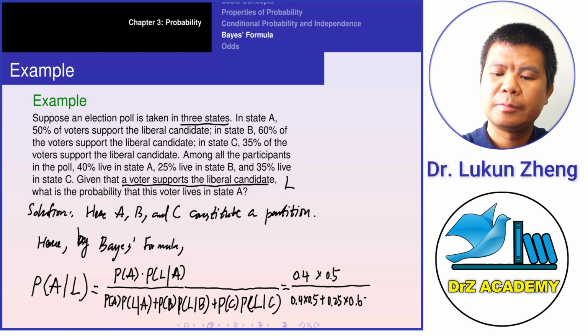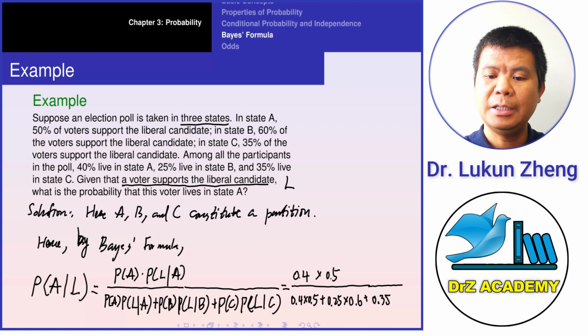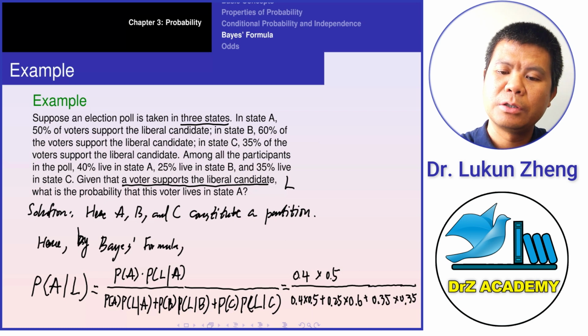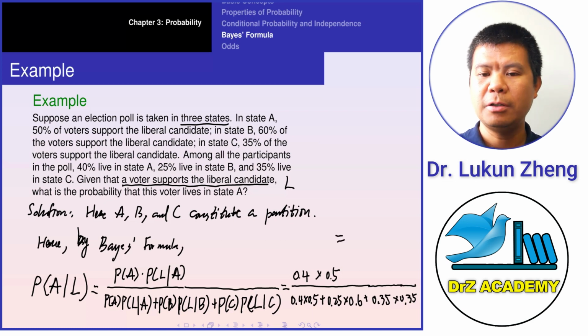Plus state C, that's 35%. P of C is 0.35, and in C 35%, times 0.35. Now let's say that this equals, just use the calculator.